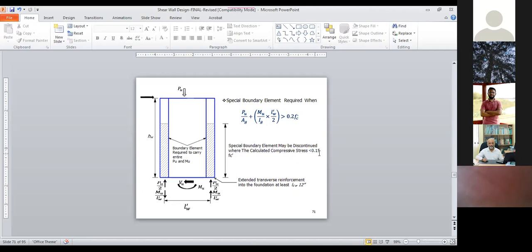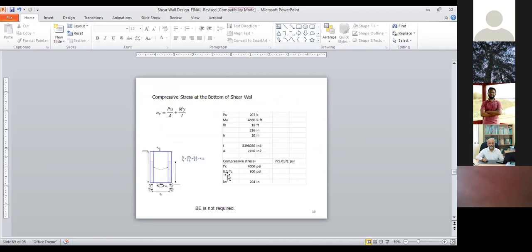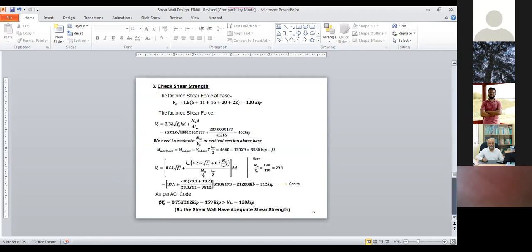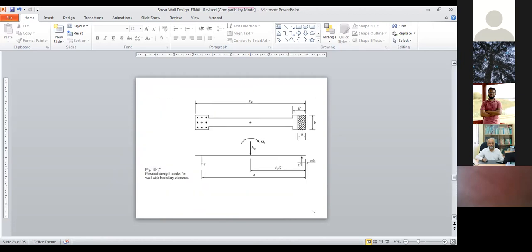And if the stress becomes 0.15 f'c at this location, you can omit the boundary zone requirement at the top of the shear wall, something like that. I think I already explained this requirement for the boundary zone or boundary element.